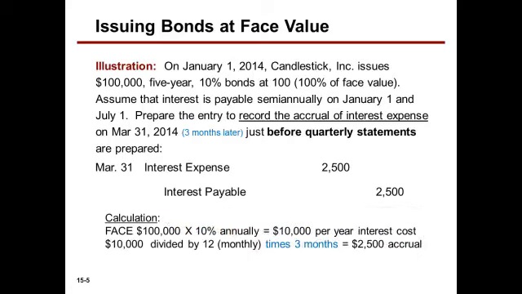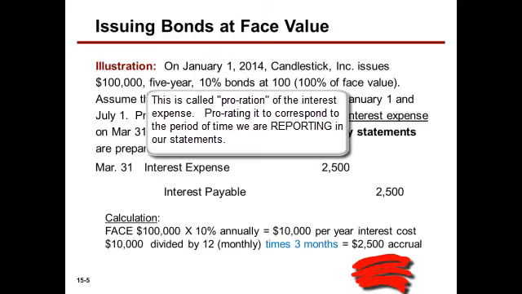There's our calculation. It's always best, in my opinion, to make an annual calculation of interest because the percentage expressed on the bond, the 10% coupon rate, is always expressed as an annual percentage: 10% annually times $100,000 face value, $10,000 annual interest cost per year. Divide that by 12 months, and then multiply that times 3 months to arrive at $2,500 for our accrual purposes.